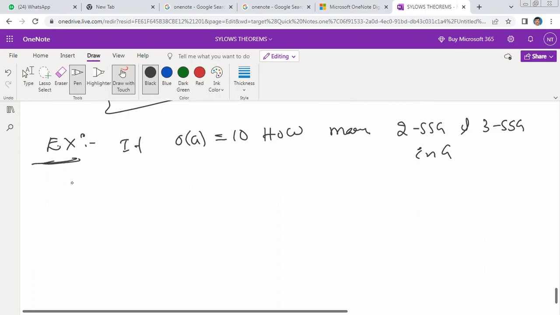Let's see how to do it in short, by using Sylow's first theorem and third theorem. The order of G is equal to 10. 10 can have 2-Sylow subgroups and 5-Sylow subgroups.